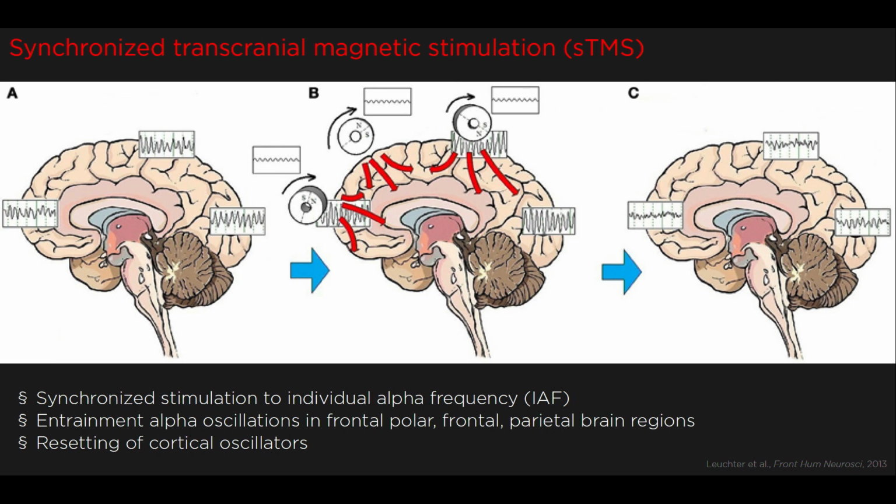The theory, according to Andy Luchter, is that if you were to set the frequency of the rotation of these magnets to individualized alpha frequencies, then the magnets can entrain this alpha oscillation if the magnets are placed on the frontal pole, the frontal region, and also the parietal brain regions. And by resetting these cortical oscillators, Dr. Luchter hypothesized that you can treat depression.